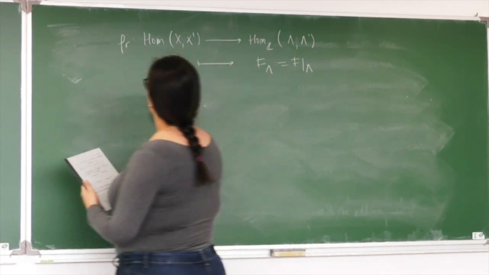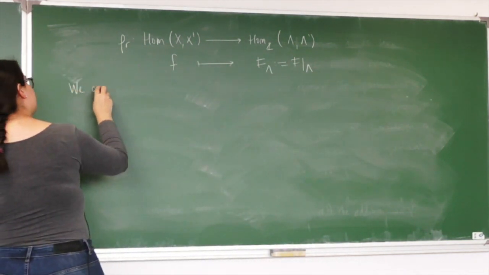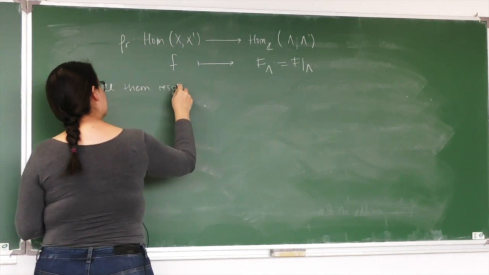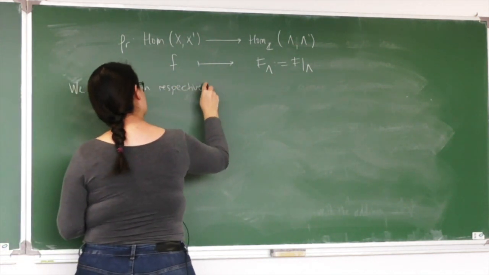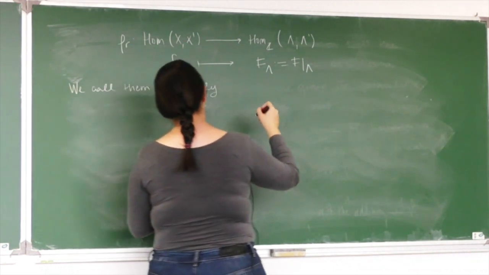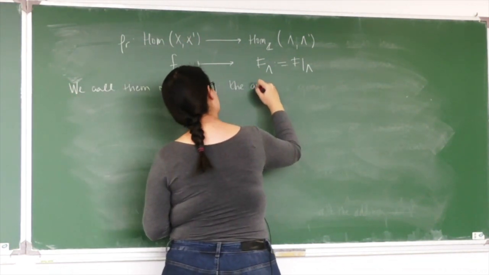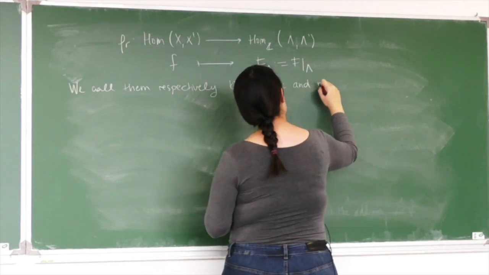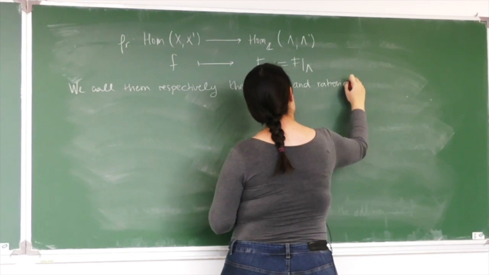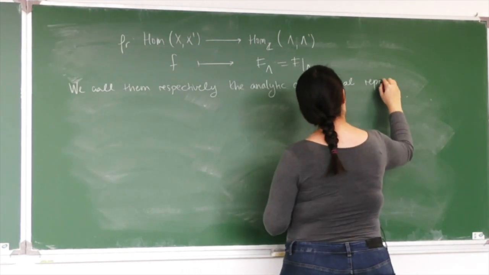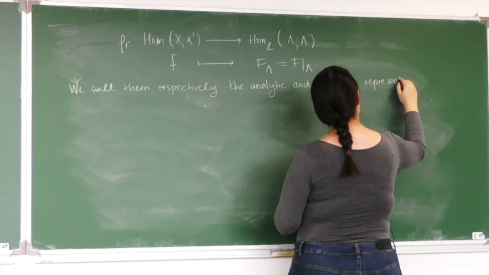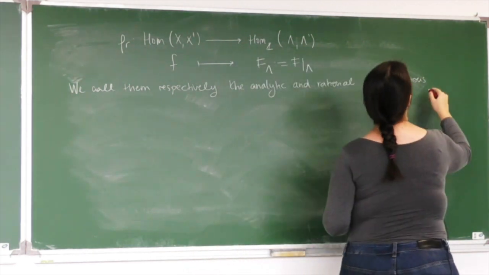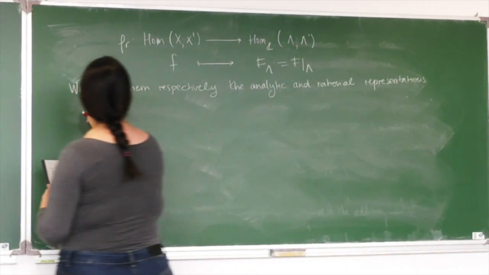And as I was saying, we call them respectively the analytic and rational representation of the homomorphisms of complex tori.